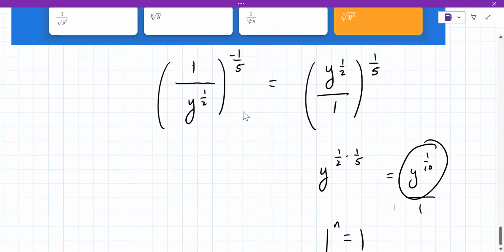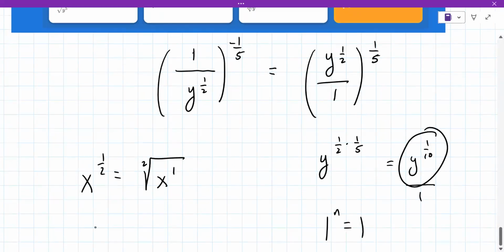So you have to remember how to rewrite something with an exponent. So remember, x to the 1/2 is really the square root of x with a 1 and a 2 there. All right. So notice what we would write for y to the 1/10 power.